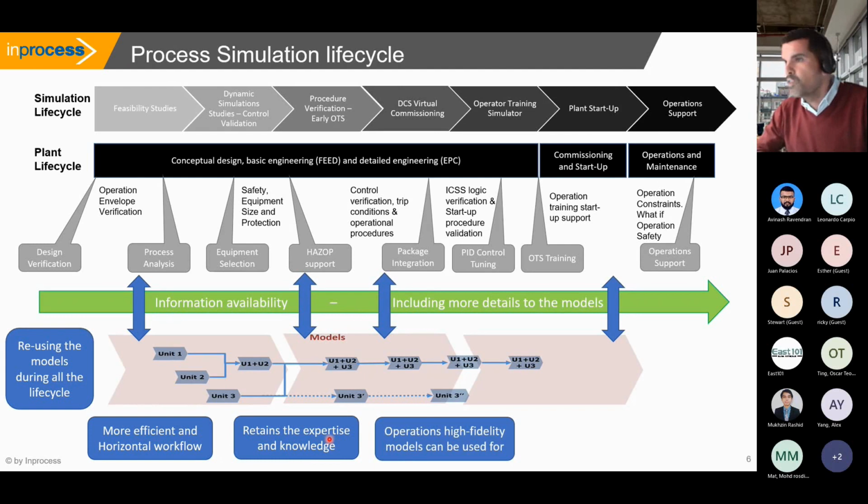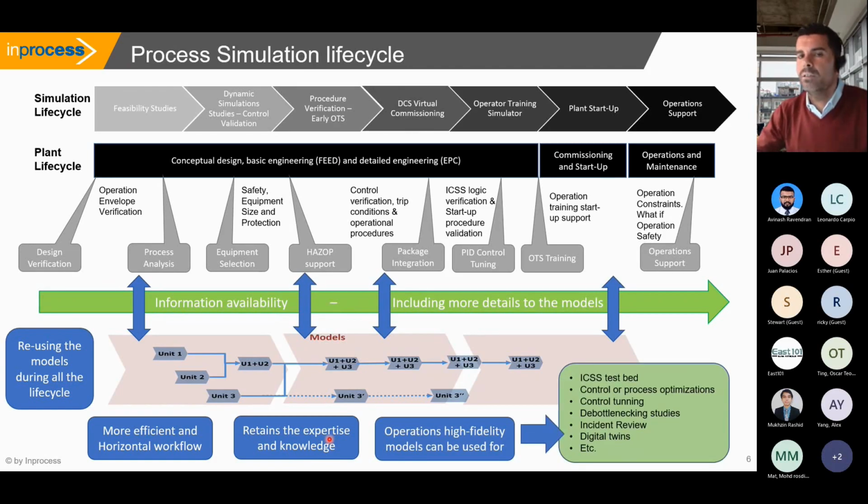So operations use the high fidelity models that we have created during all the study phases to do many different things and many different findings, like ICSS testing, control and process optimizations, control tuning, bottlenecking studies, incident review, digital twins, etc. So with that strategy, what we are delivering to a company is, along the project execution, many different phases, many different deliverables, different kinds and sorts of detailed models to address different necessities.